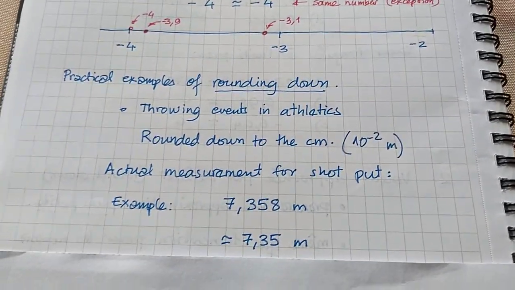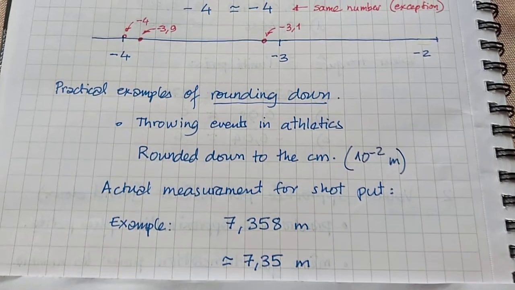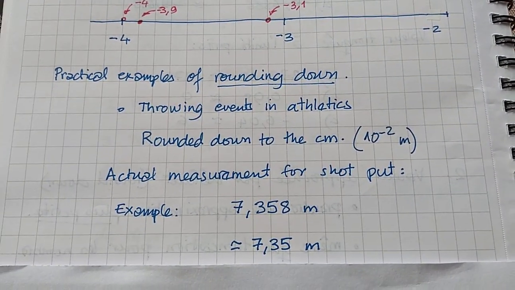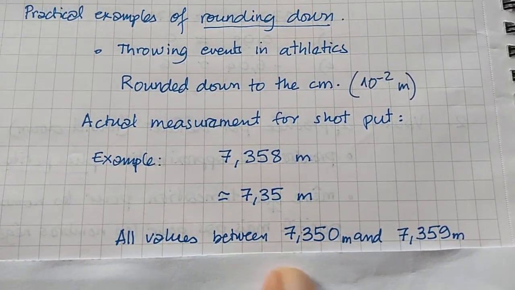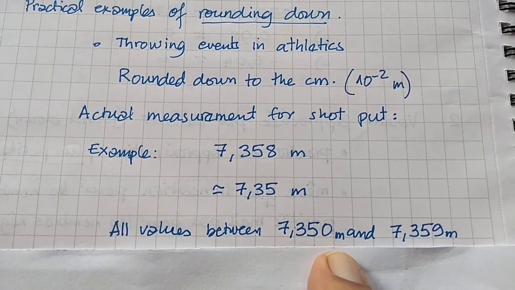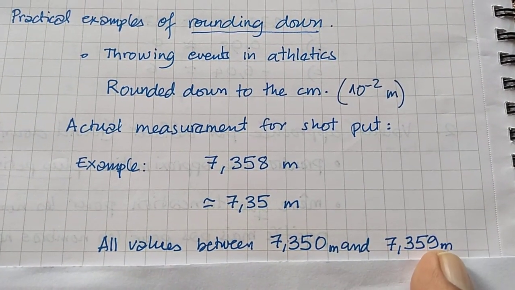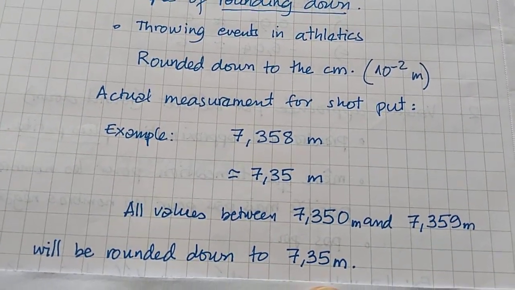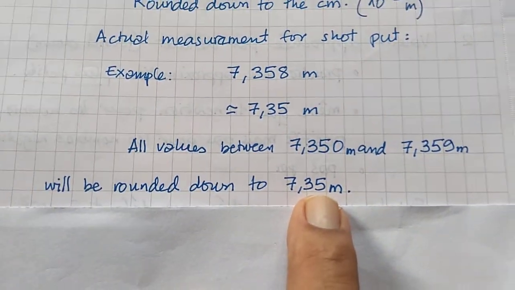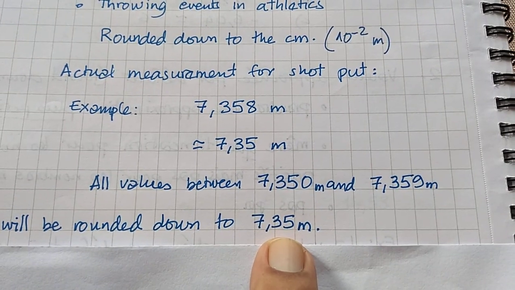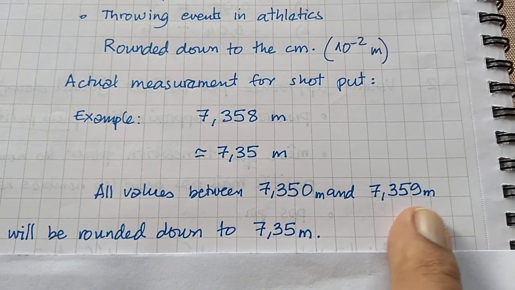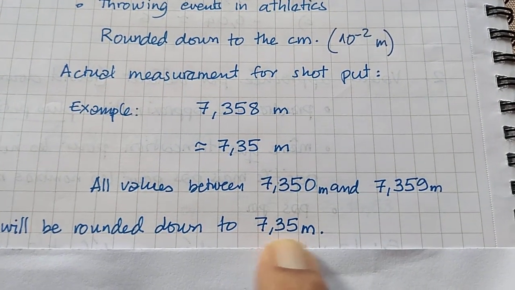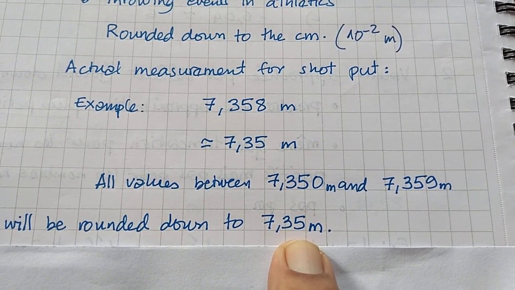And to be frank, this is the only example I could think of where rounding down is used. So all values between 7.350 meters and 7.359 meters will be rounded down to 7.35 meters.